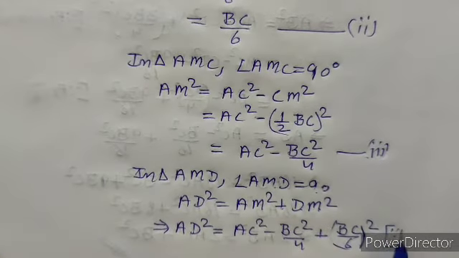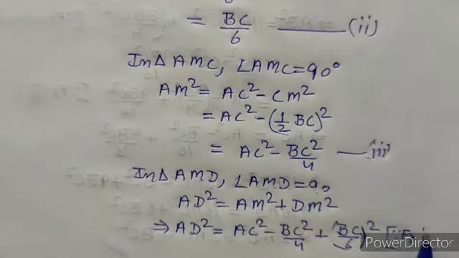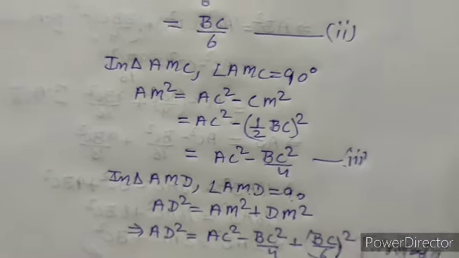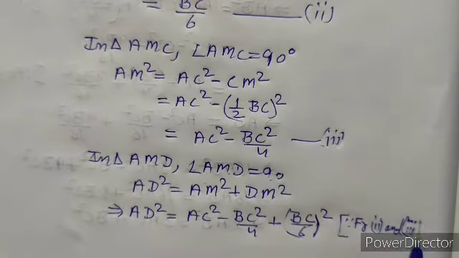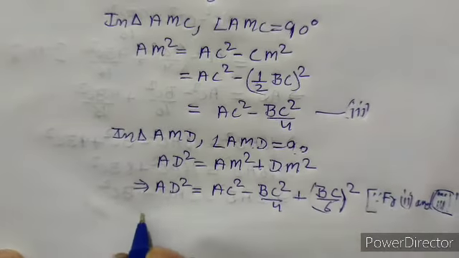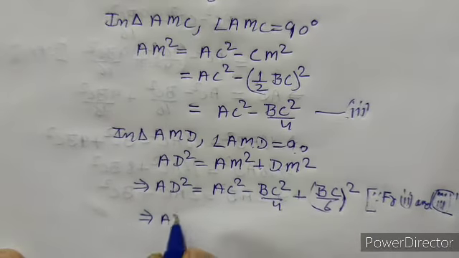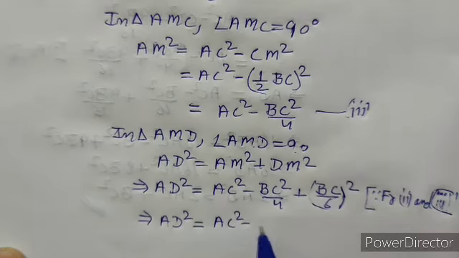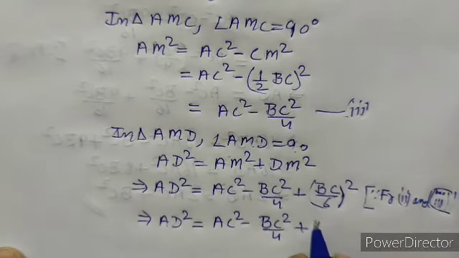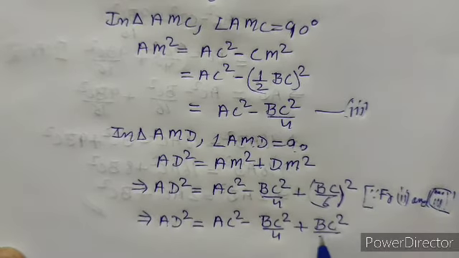Now this will give us AD square equal to AC square minus BC square by 4 plus BC square by 36.